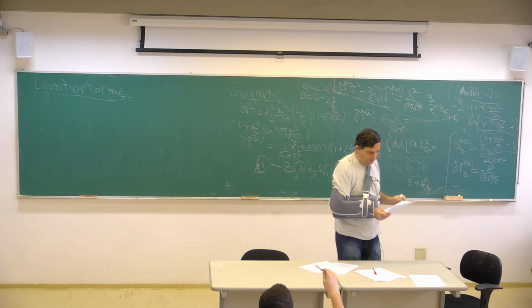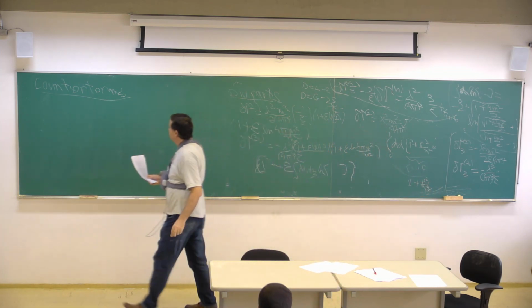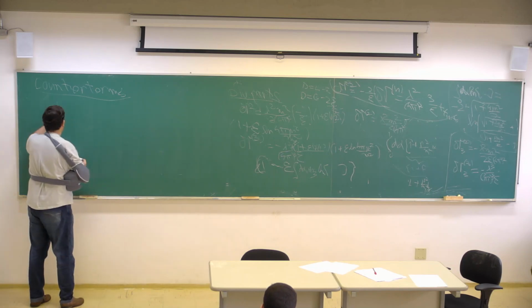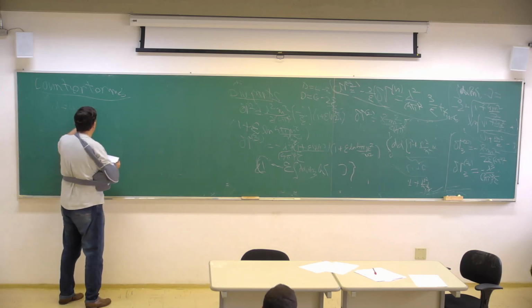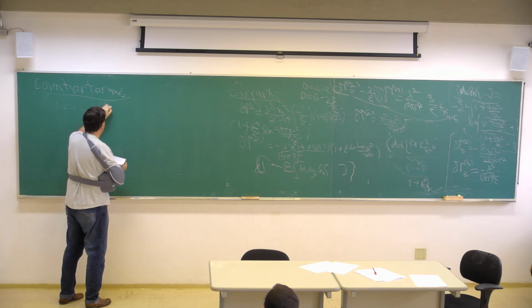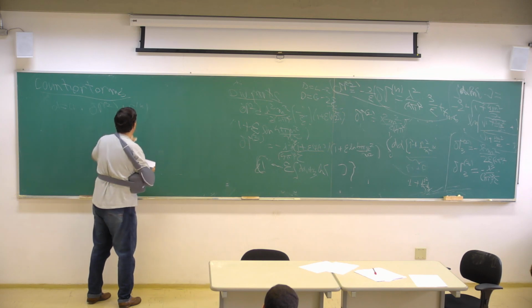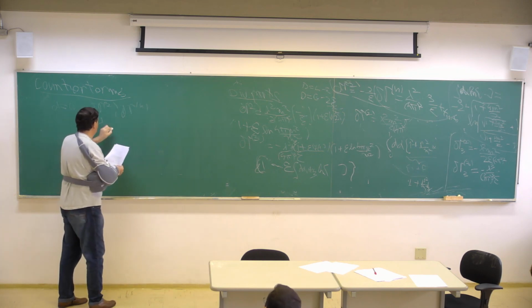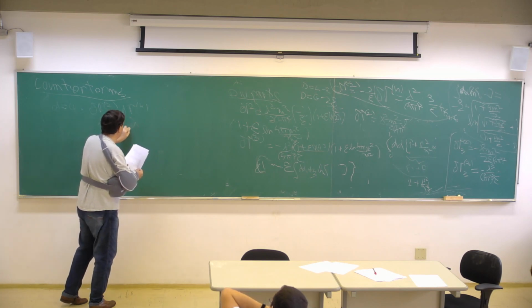Here we're doing just one loop. So in d equal to 4, we have found delta gamma 2 and delta gamma 4, and we had the parameters m and lambda.